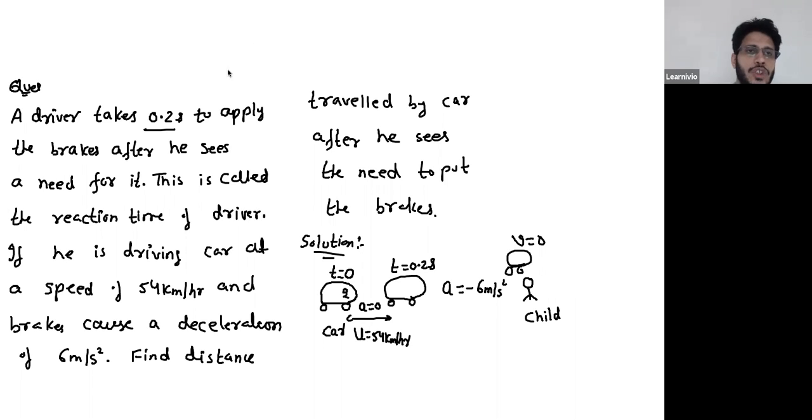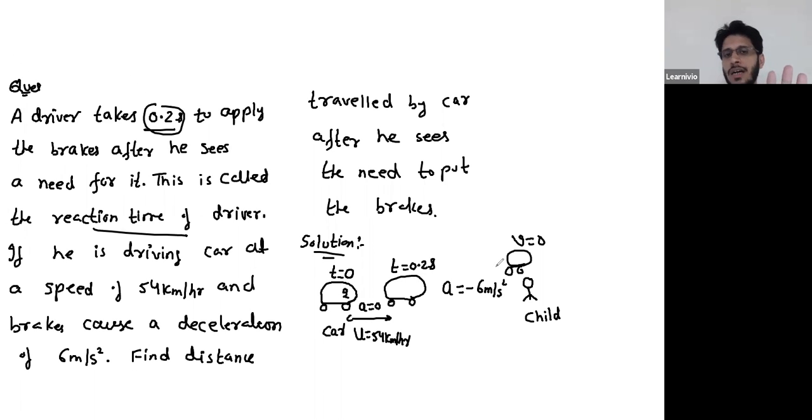So I'm repeating the question again. A car is moving with a velocity of 54 km per hour, and the driver of the car at t equal to 0 sees this child. He decided to put the brakes, but he applied brakes after 0.2 seconds. This is known as the reaction time. Once he puts the brakes, the car deaccelerates. The deacceleration is minus 6 meter per second square.